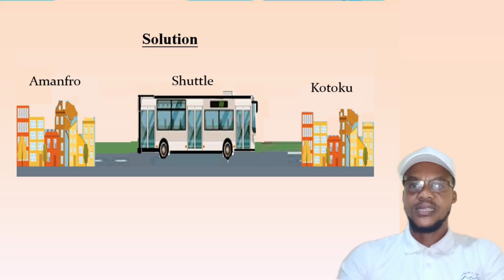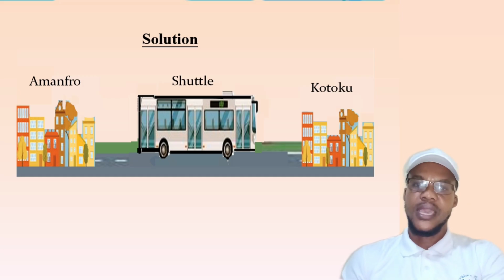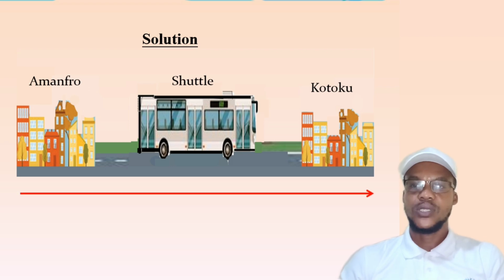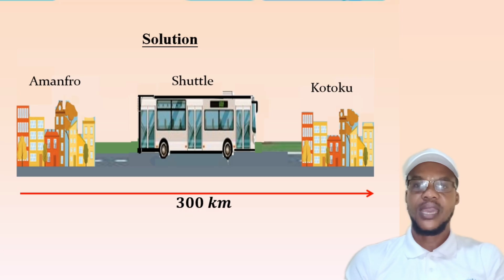So this shuttle takes people from Amanfro, and the total distance, if it moves from Amanfro to Kotoku, is 300 kilometers. Then we ask what the half distance will be.